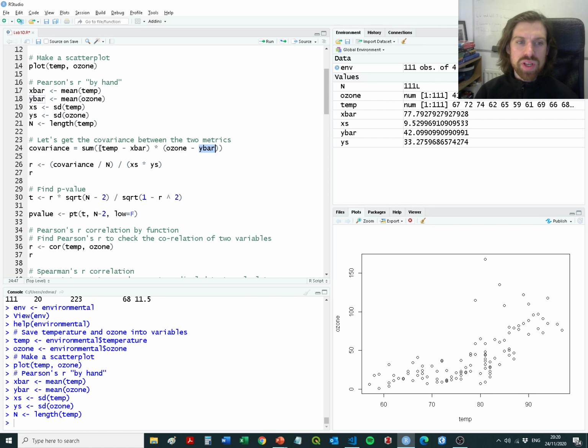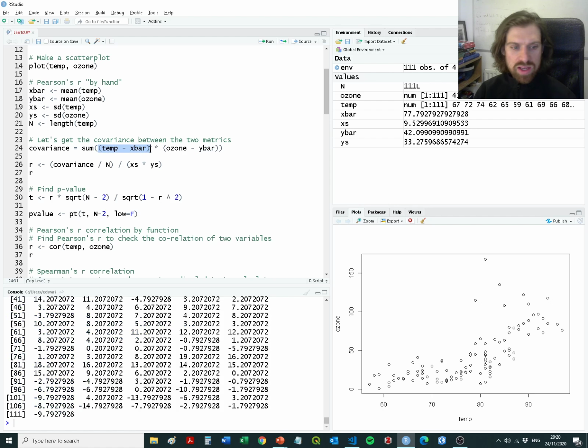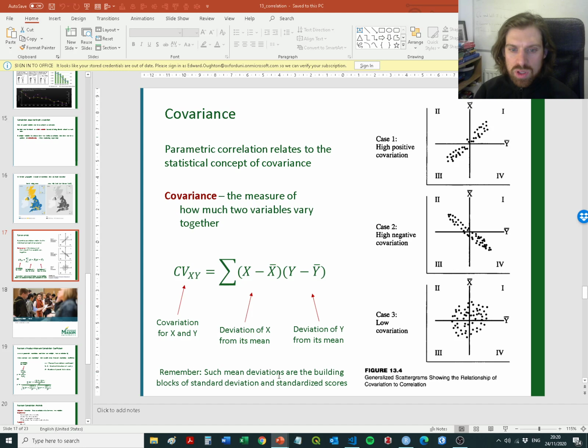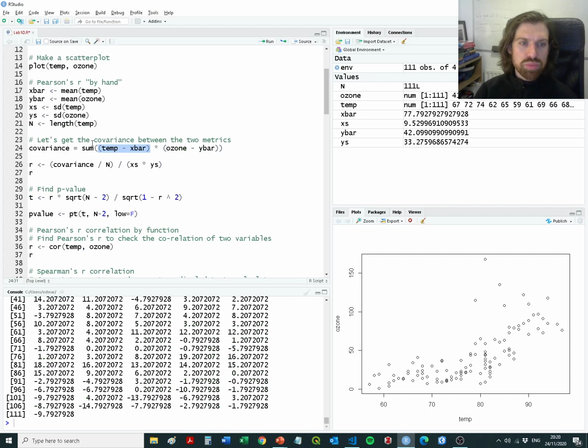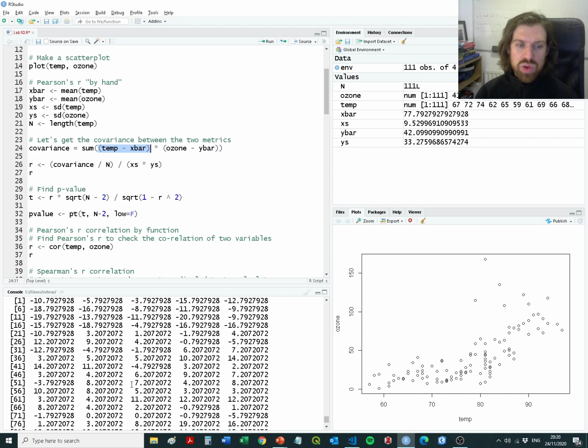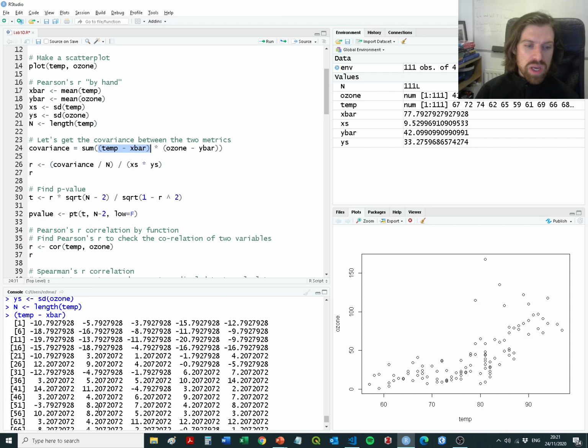And that produces basically a set of deviations. So I've just printed it here to the console to give you an indication of what that looks like. So you get some which are above the mean, which are obviously positive, and some which are below the mean, which are negative.